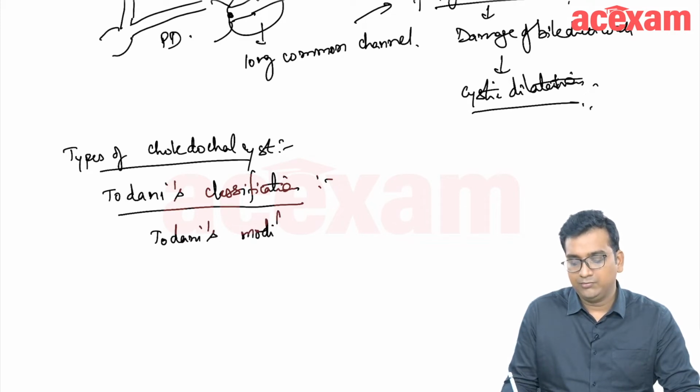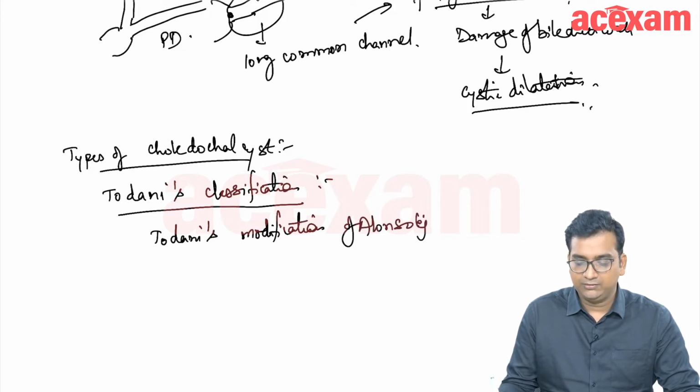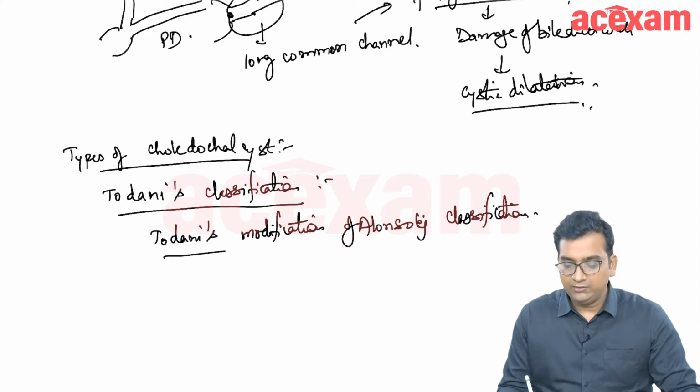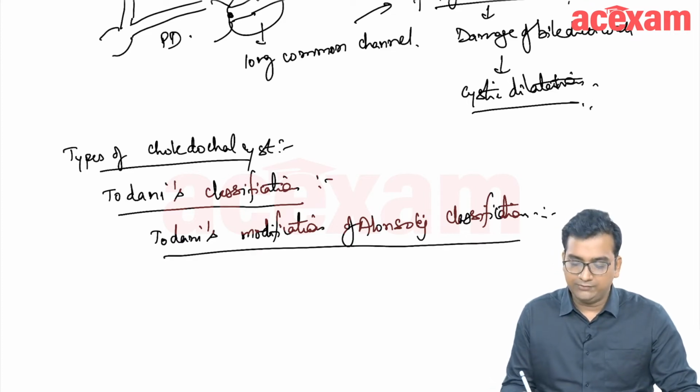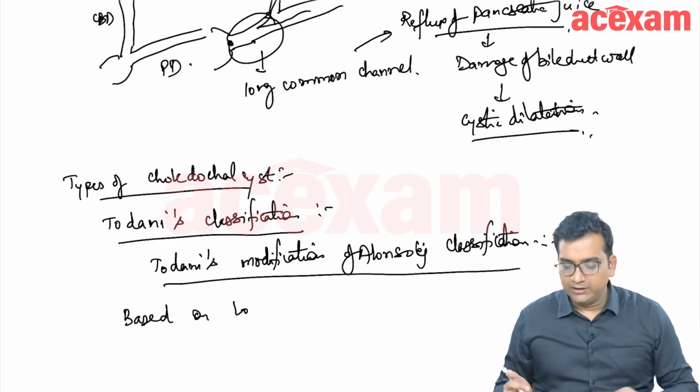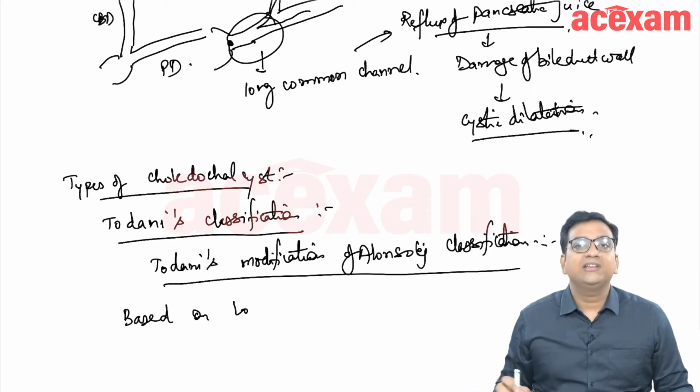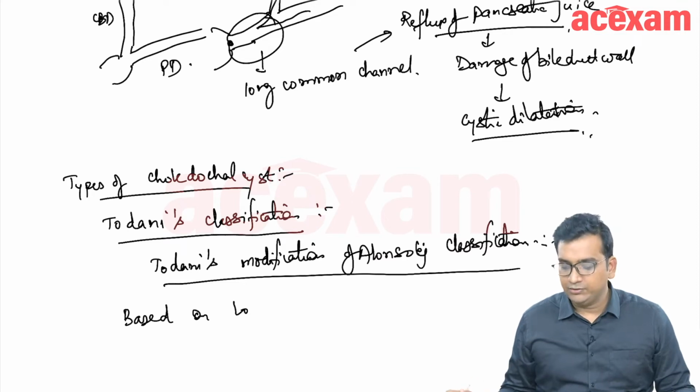It is based on the location of the cystic dilatation. So, the Todani's classification is actually a modification of Elansolage classification.